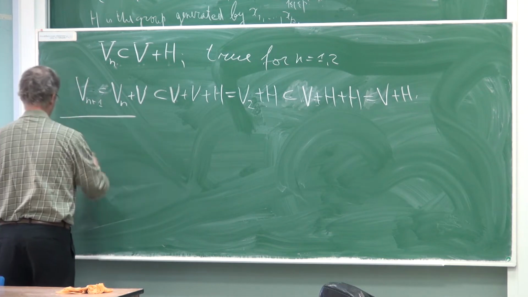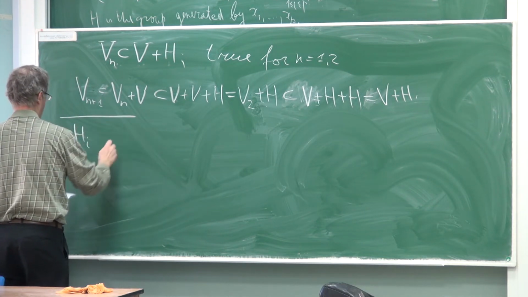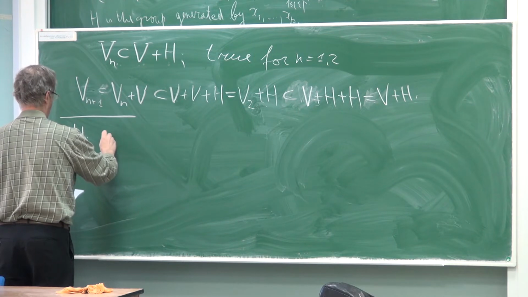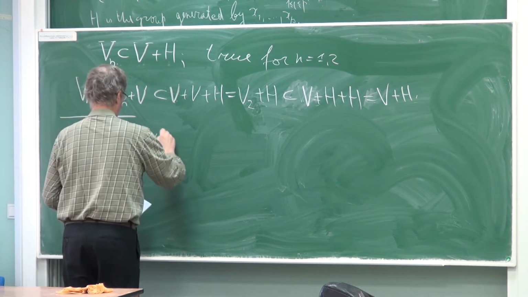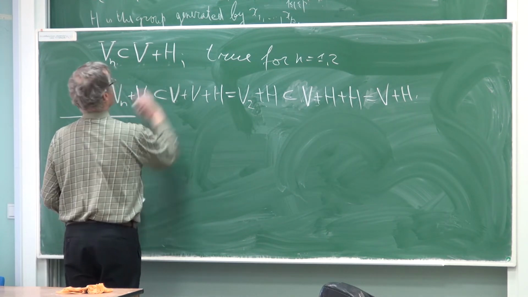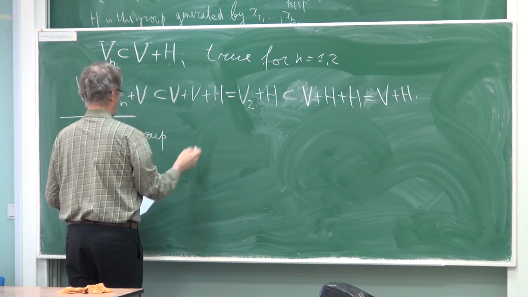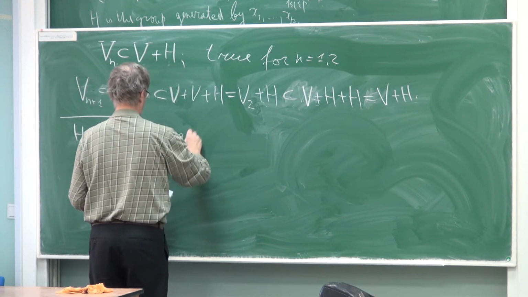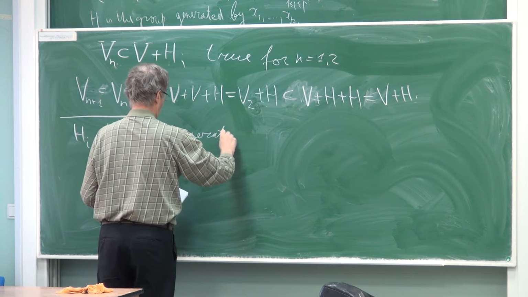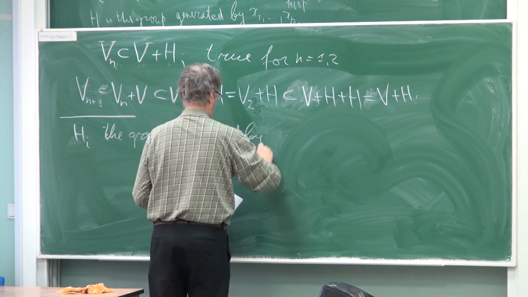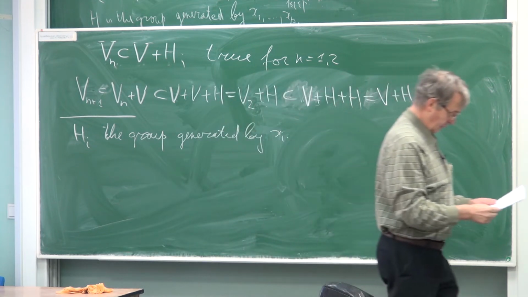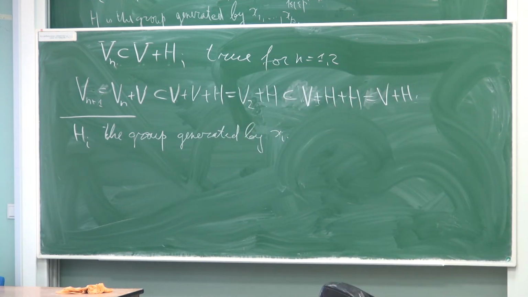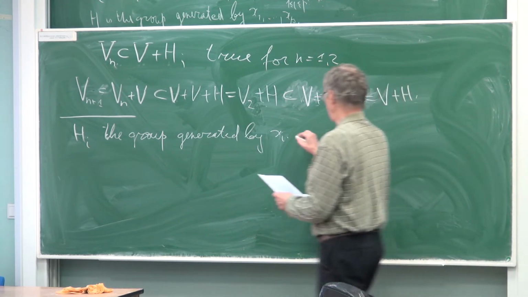Now consider the subgroup generated by one element among those xi, and consider its closure.